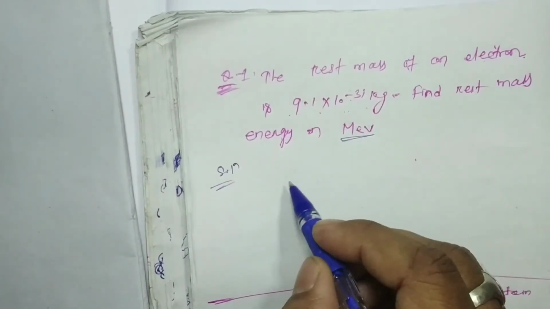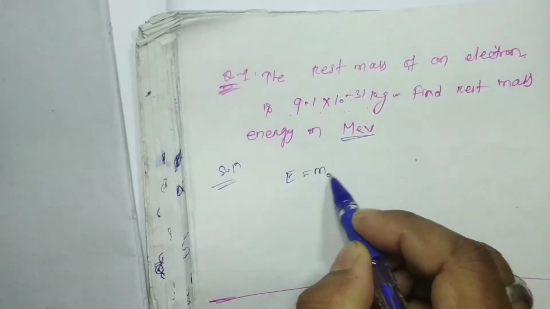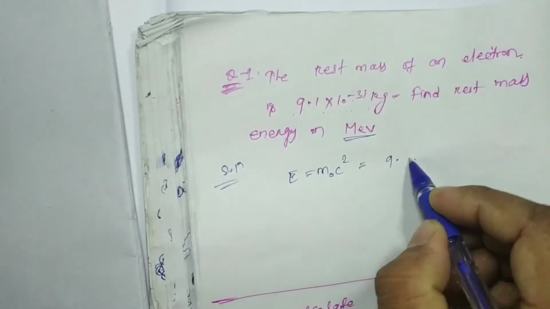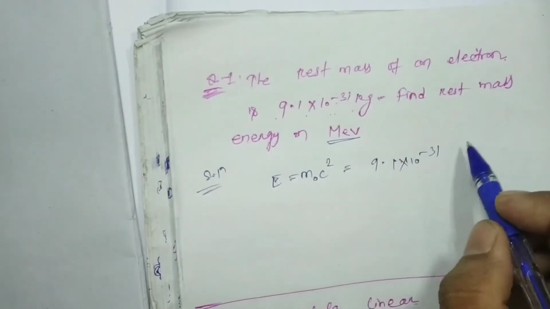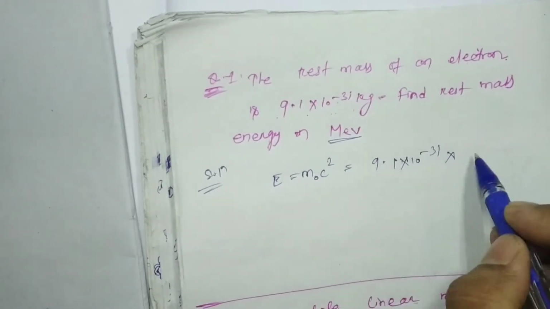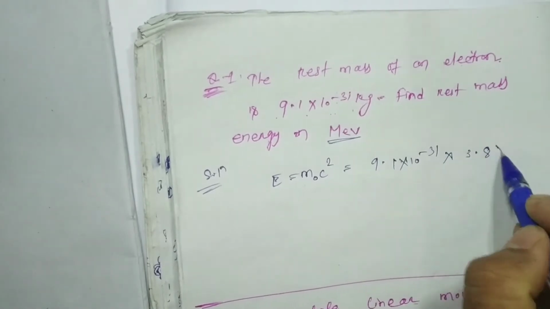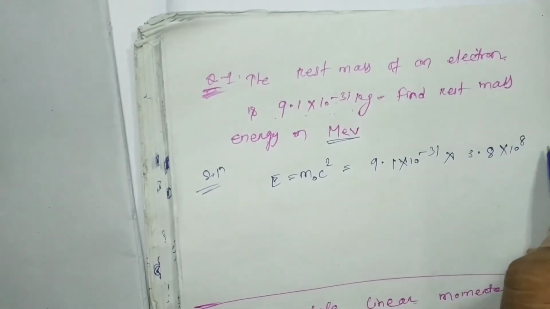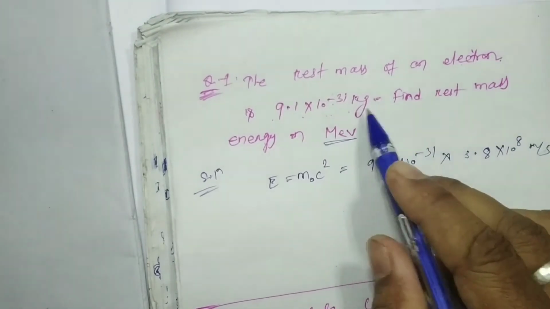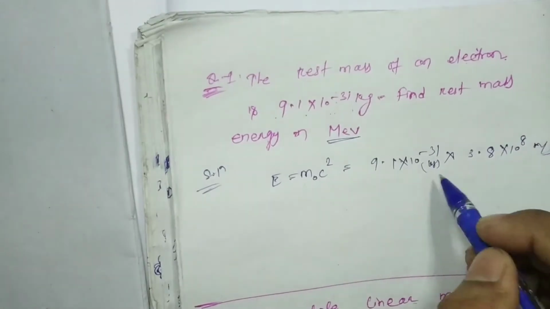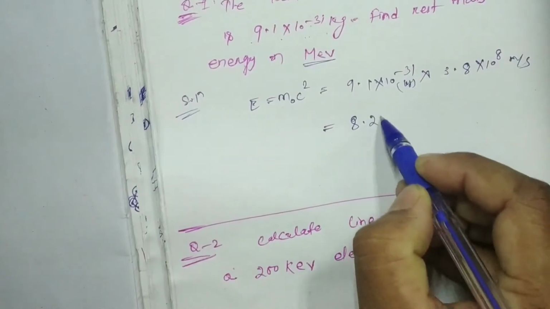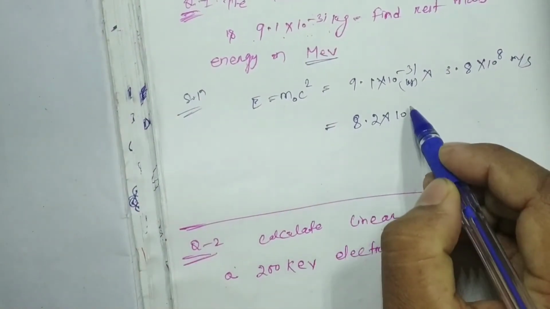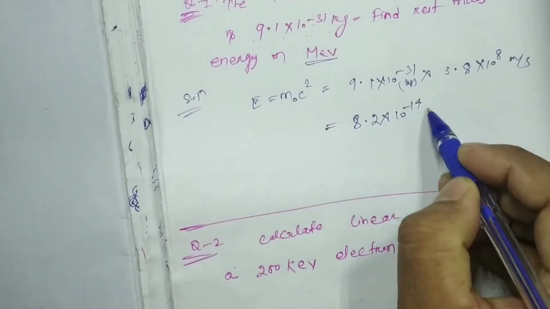The rest mass energy is E equals m0 c square, that is 9.1 times 10 to the minus 31 kg into c square, with c being 3 times 10 to the power 8 meter per second. After multiplication and calculation, it comes to approximately 8.2 times 10 to the minus 14 joule.